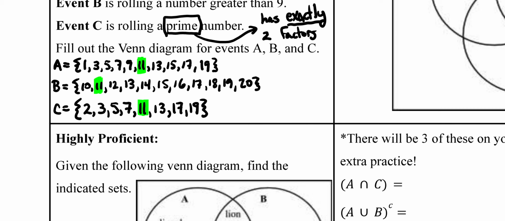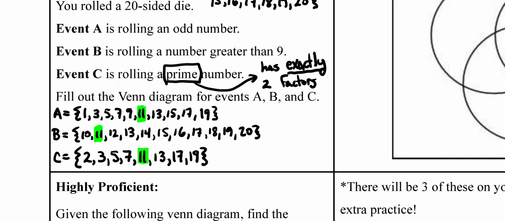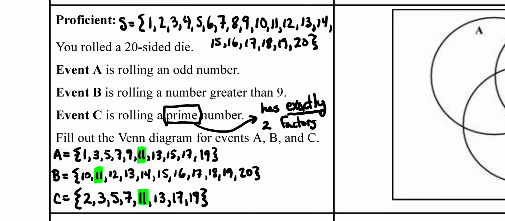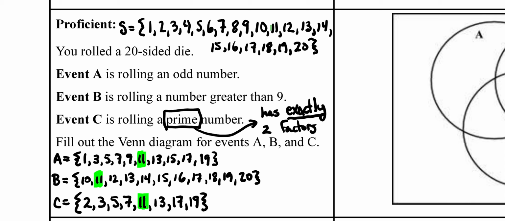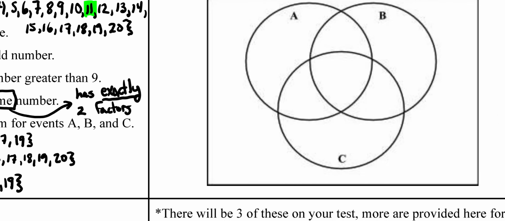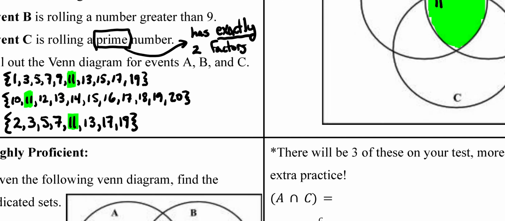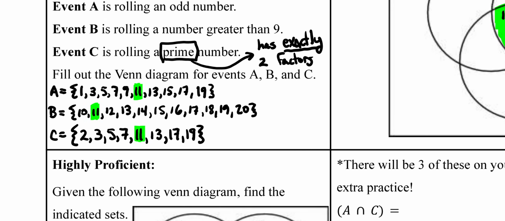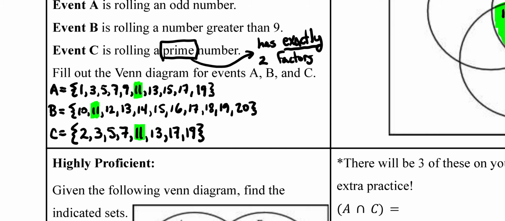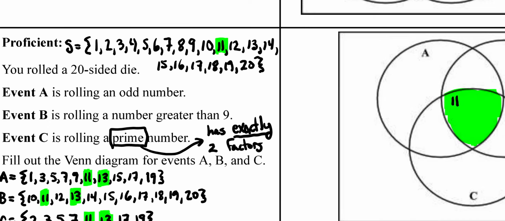It is also a good idea to mark them out of your sample space because those have to go in there too. So I'm going to also mark 11 there, and I'm going to keep track that here there's an 11. And then I'm looking at maybe 13. 13 is in all of those, and so that goes in there.